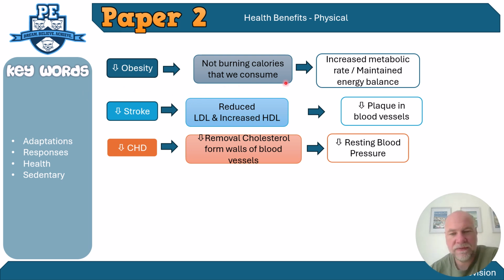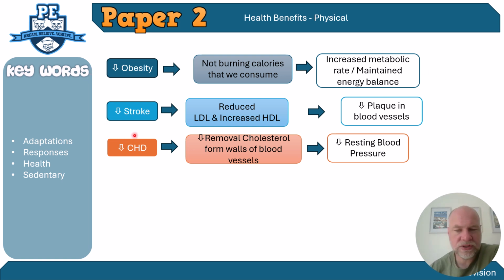If it's what are the benefits of physical activity, then we will burn the calories that we consume. The reason why this reduces our obesity is because there's an increase in metabolic rate. The metabolic rate is the speed at which we're using those calories that we eat, and therefore it maintains our energy balance. So the amount of food or calories coming in is equal to the amount of calories we burn.